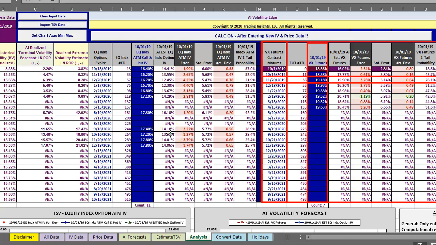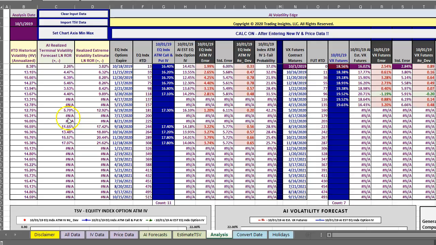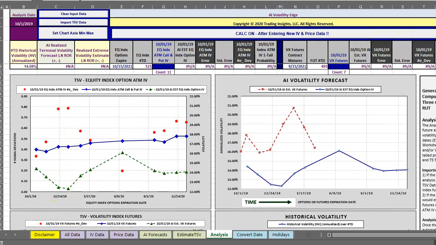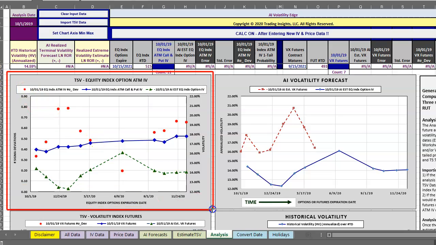So this seems to be an ideal environment for basically selling overvalued or overpriced volatility. If we scroll down, we see that same information presented graphically as well. First, we'll take a look at the at-the-money implied volatility analysis graphically.